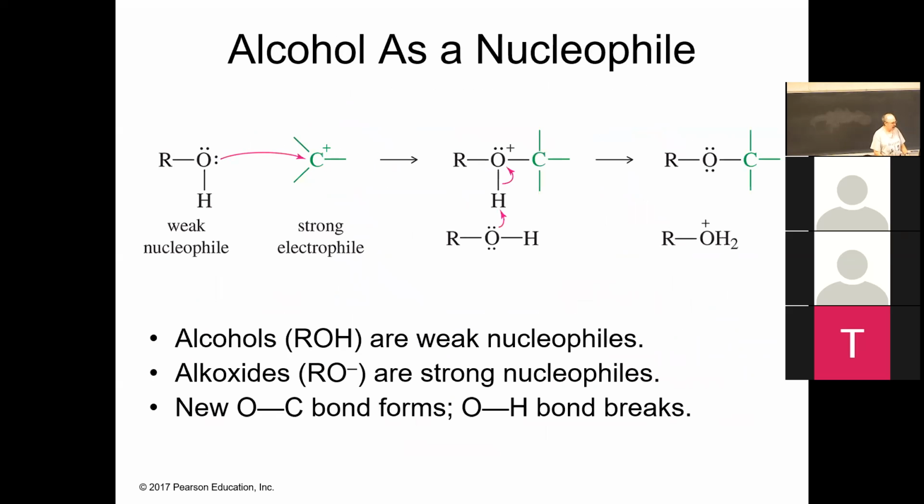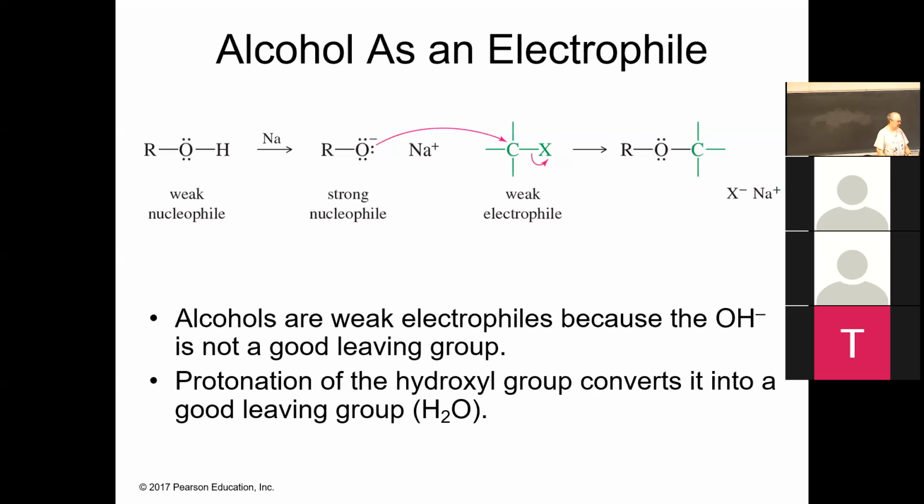Alcohols can act as nucleophiles. For example, they can attack carbocations to form new covalent bonds. Alcohols themselves are weak nucleophiles. If we make the alkoxide salt, then that's a strong nucleophile.